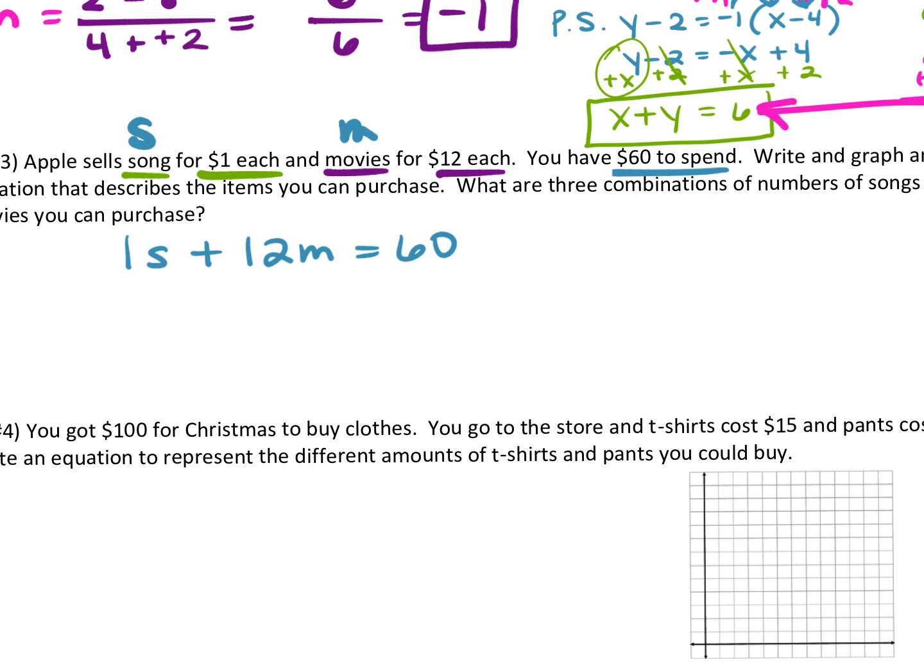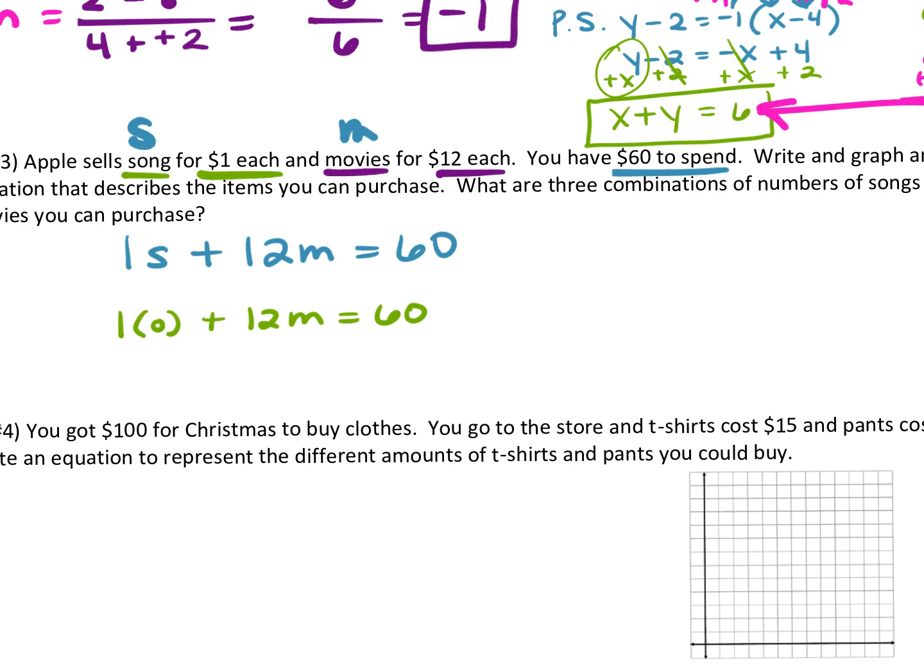The question they ask is, what are 3 combinations of numbers of songs and movies that you could buy? Now, I would probably try zeros to start, because zeros help a lot. So if I bought 0 songs, so $1 for 0 songs, it's kind of like the cover-up method, right? Then 12 times m would equal 60.